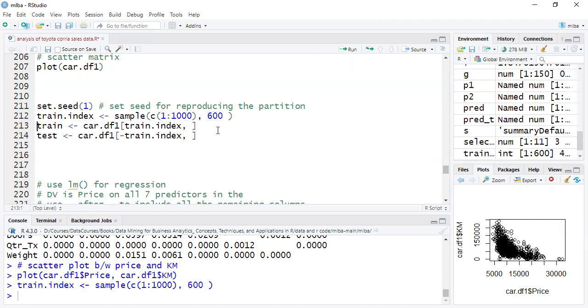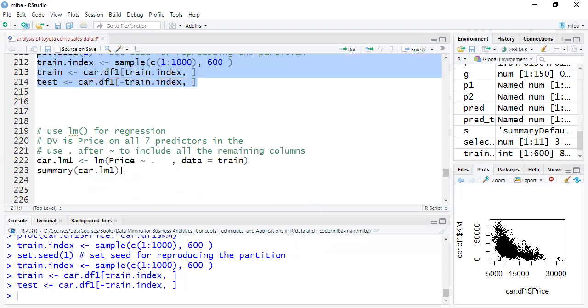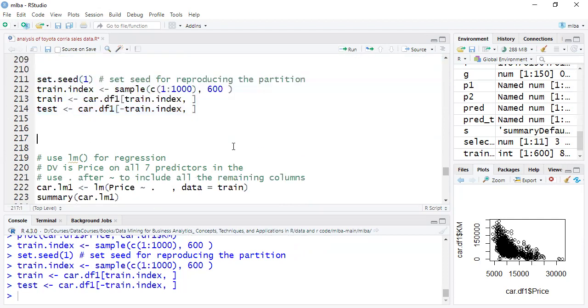So you have to run the three commands. 600 rows will be stored in the train set, and the remaining 400 rows will be stored in the test set. So applying these three, we will have the structure of test and the structure of train.